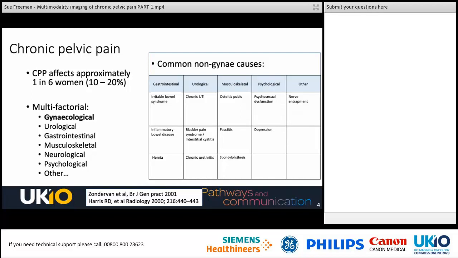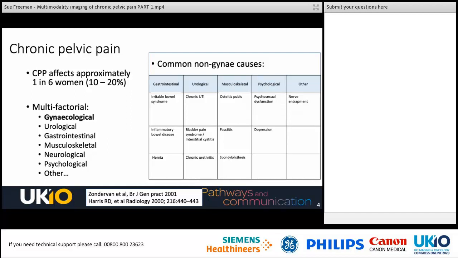And so it can be very difficult to clearly identify which particular organ is causing the pain. So you can see here some of the very common causes of chronic pelvic pain. Irritable bowel syndrome. How about bladder pain syndrome? And of course, don't forget there could also be a psychological component. Depression and sleep disorders may commonly be found, but they may be a consequence rather than a cause of the pain. These ladies have often been undiagnosed for quite some time.